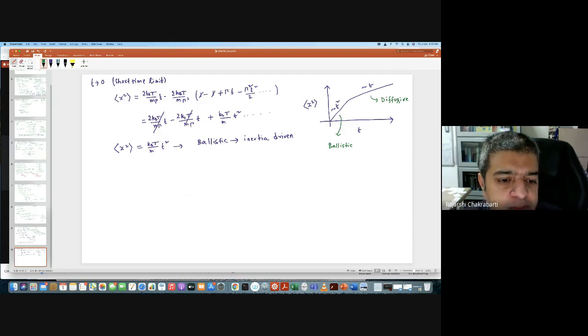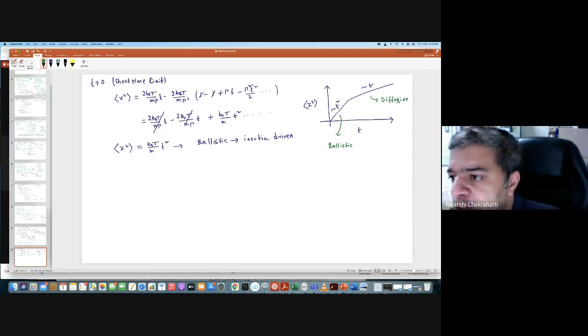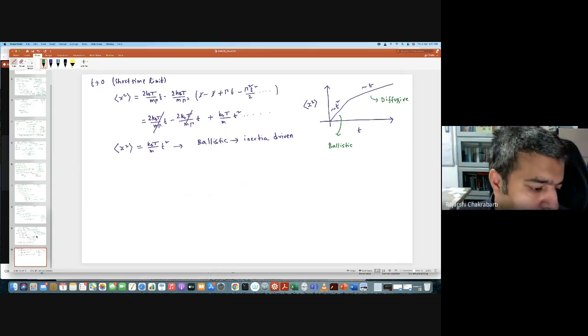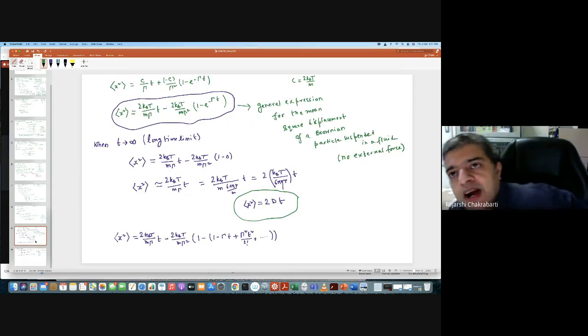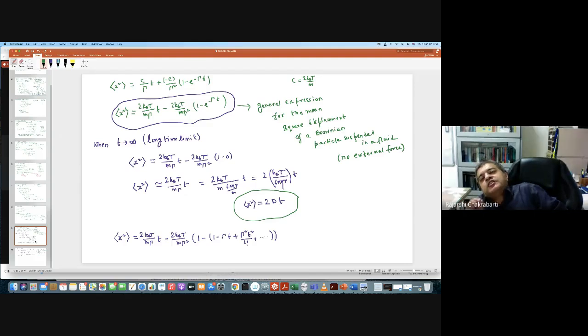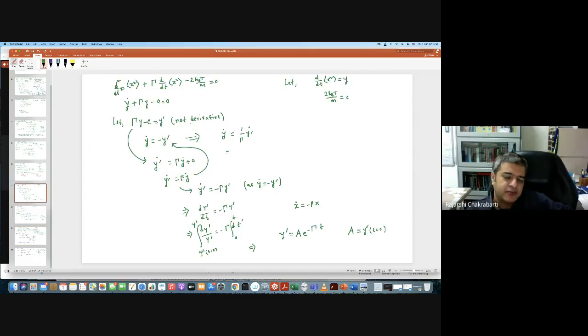If you have a very large mass, what will happen? This quantity is very short-lived, isn't it? So for a very large object, this regime is very short-lived, and that dynamics is called overdamped dynamics. But here in the Langevin description, I had this.